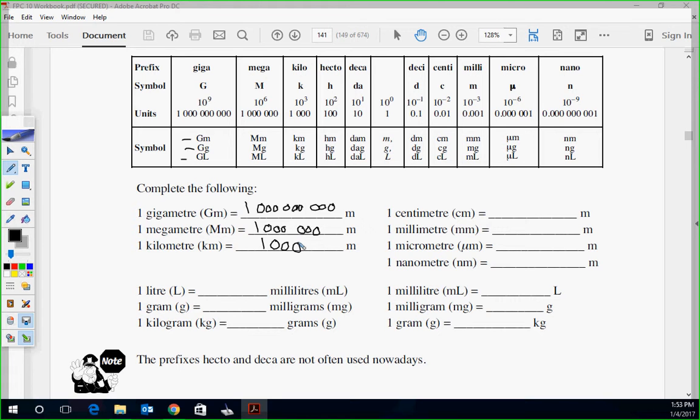Okay? So now we have centimeter to meter. So what's bigger, a meter or a centimeter? A meter is. So 1 centimeter is going to be a really small meter. It's going to be a smaller number. Okay? That's why it's 0.01. 1 centimeter is 0.01 of a meter. Because 0.01 is what is a fraction? 1%.